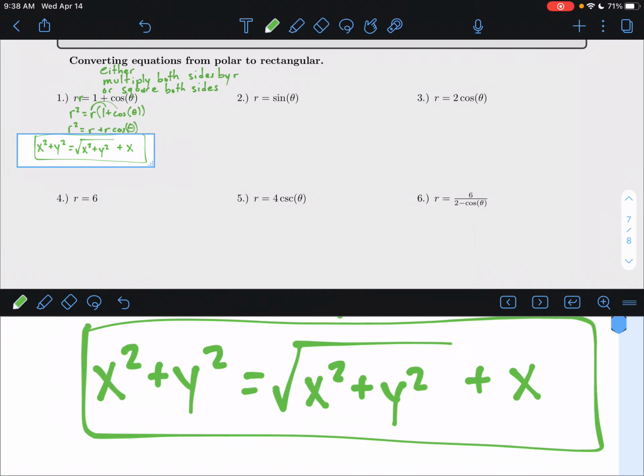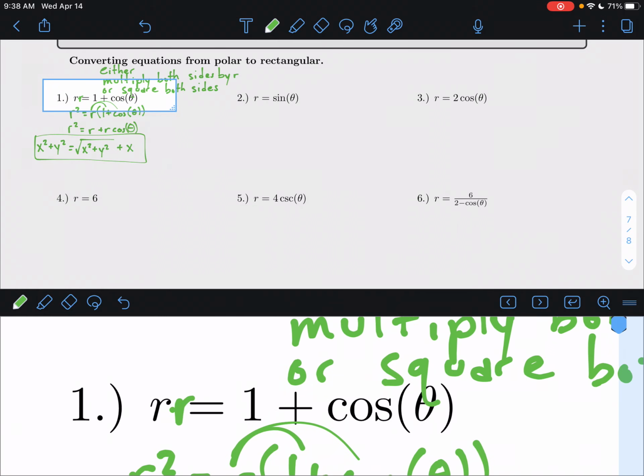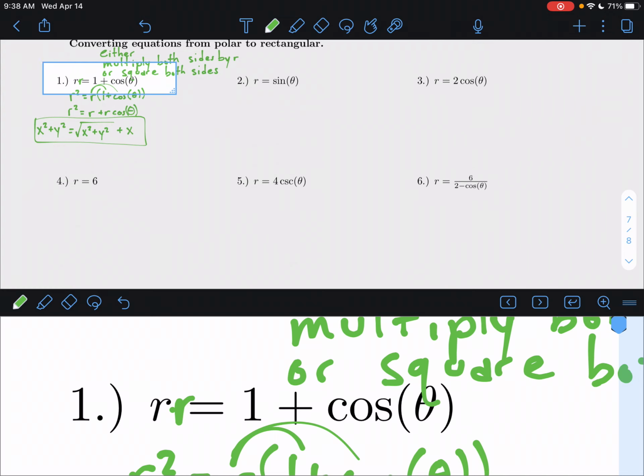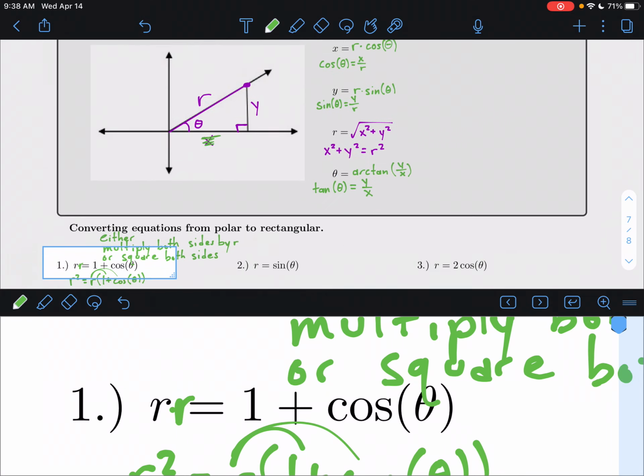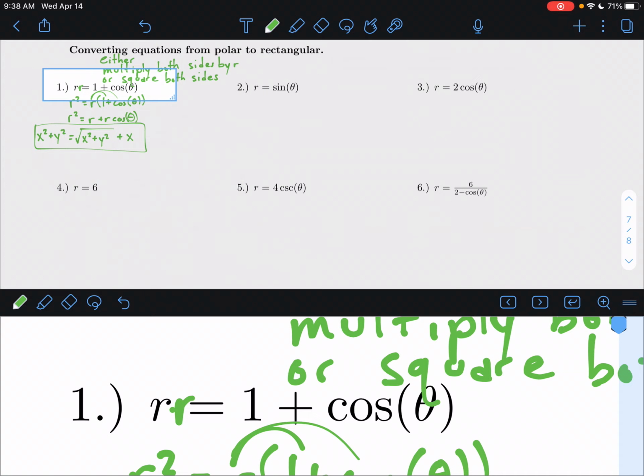However, if I had done it without multiplying both sides by r first, there's no real easy way for me to get from that cosine of theta to something rectangular. So that's why I would want r times the cosine of theta.